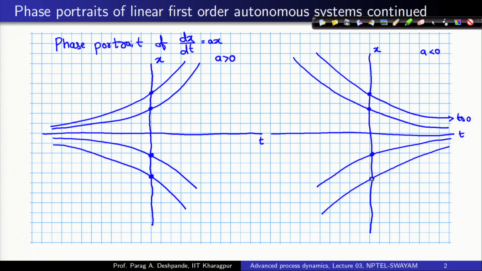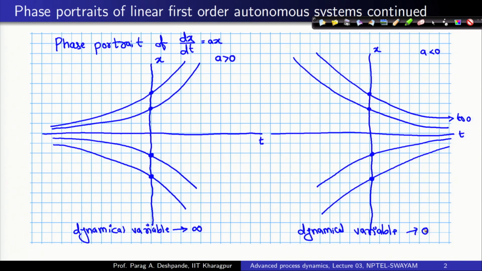So, what do you see here? What you see here is that you have one phase portrait for a greater than 0, you have another phase portrait for a less than 0, and when a is greater than 0, the dynamical variable tends to infinity, and when you have a less than 0, the dynamical variable asymptotically goes to 0, which means what?